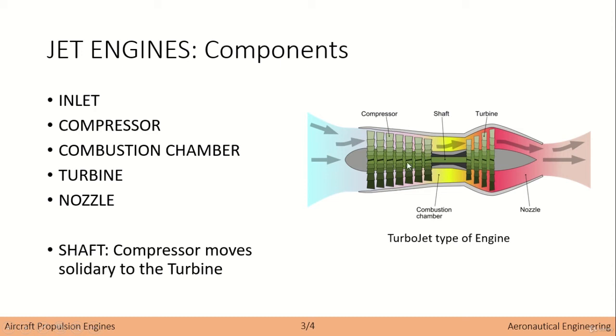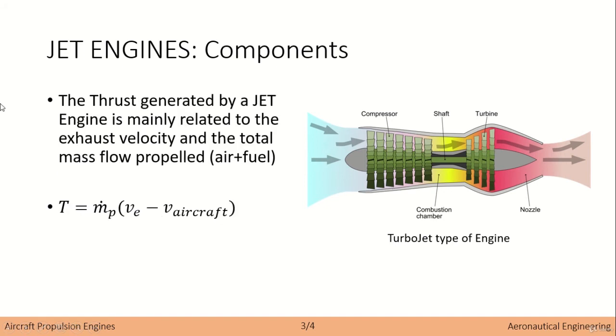So initially the compressor is stopped, completely still. Then in the combustion chamber we get higher thermodynamic properties. Therefore the turbine starts to move, and because it is connected to the compressor, the compressor starts to move too. So this is the kind of cycle, and once the compressor starts moving, as you can imagine, the engine works optimally.